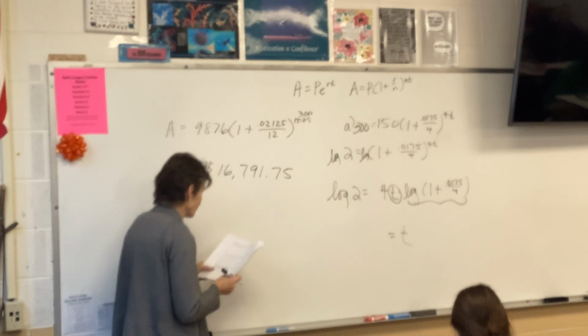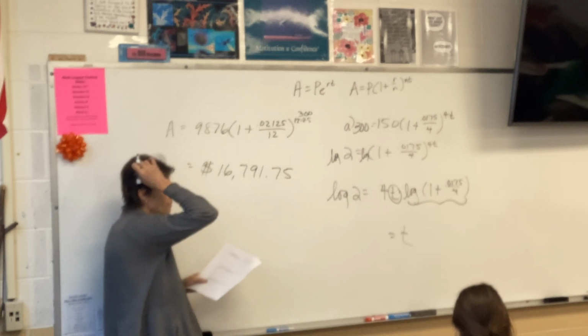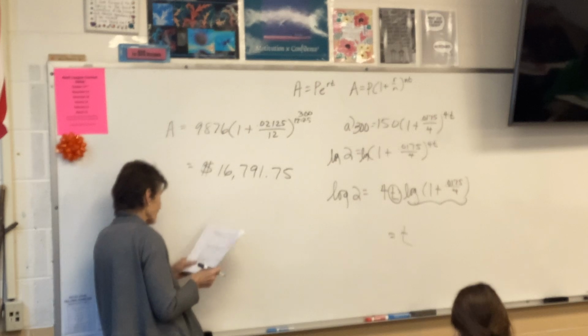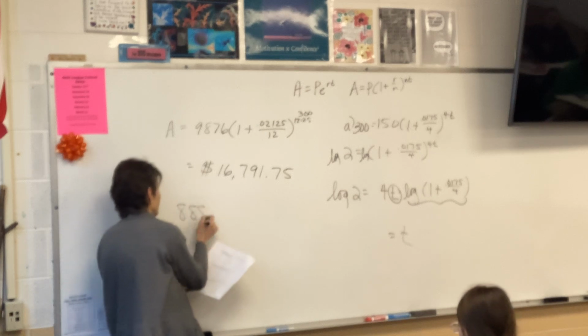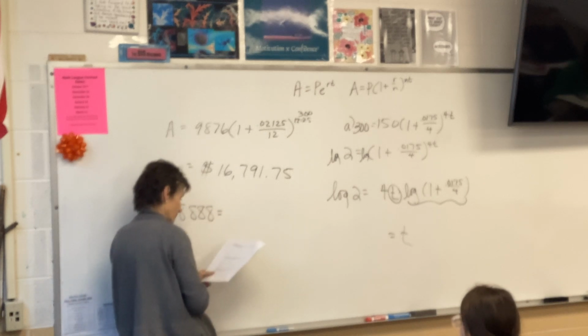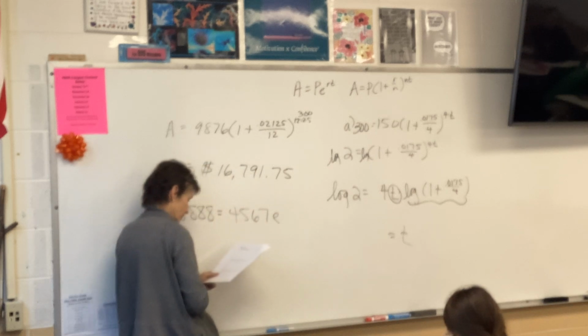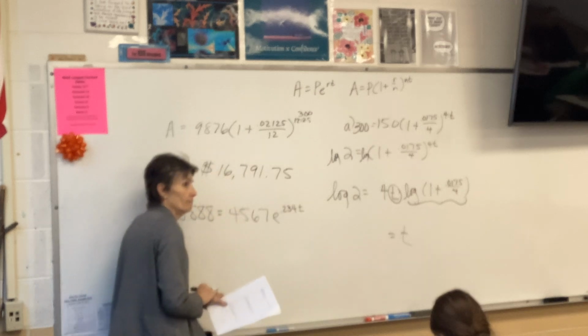All right. And then the last one we're going to use our PERT formula for. So what is that going to look like when I get it all set up? 8,888 equals 4,567 e raised to 0.234t.